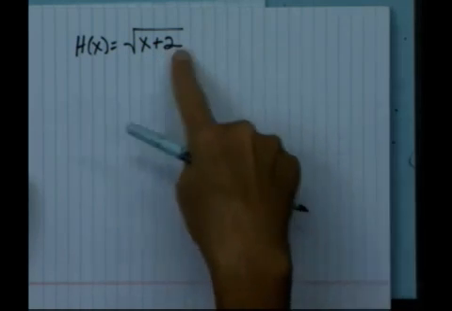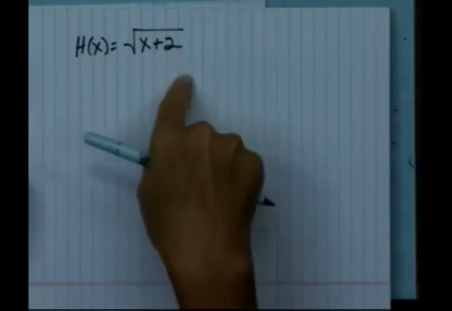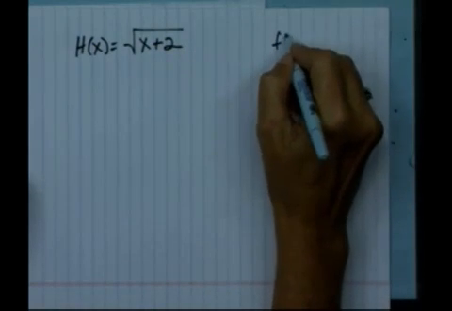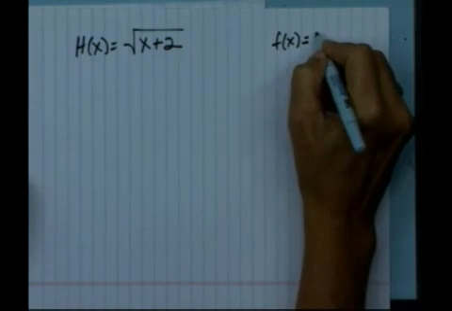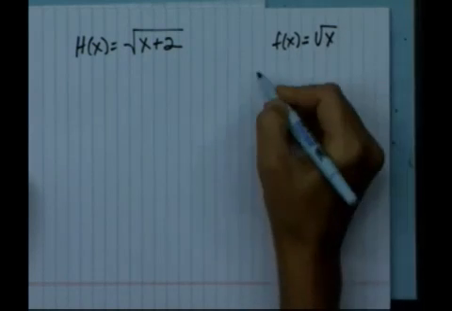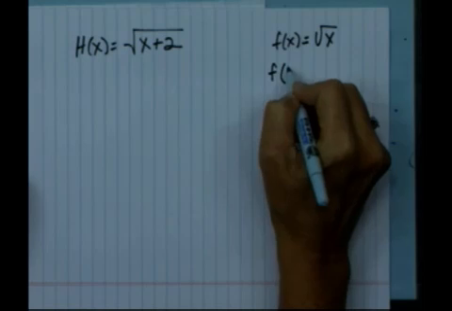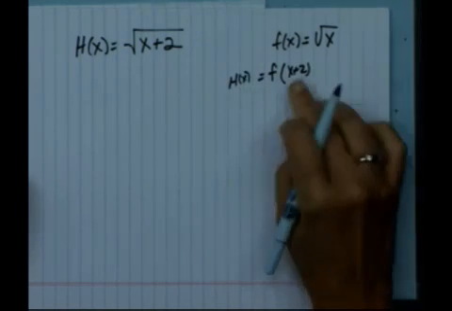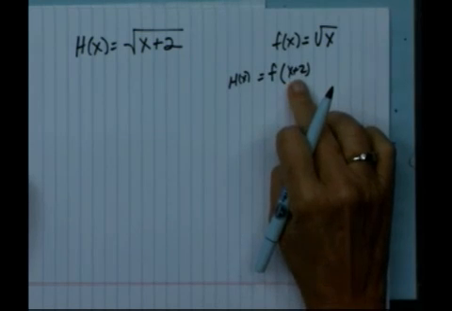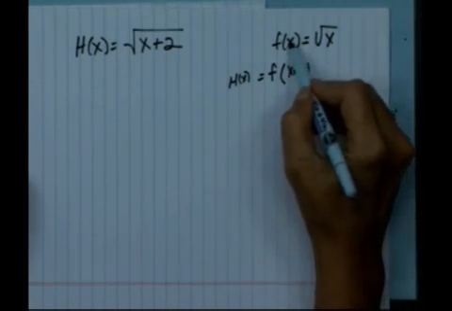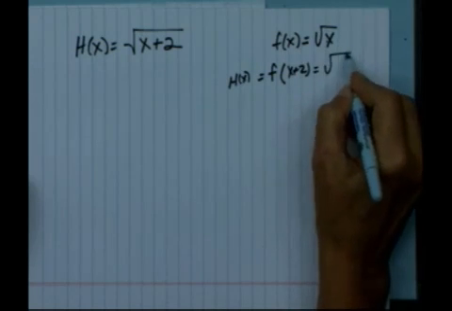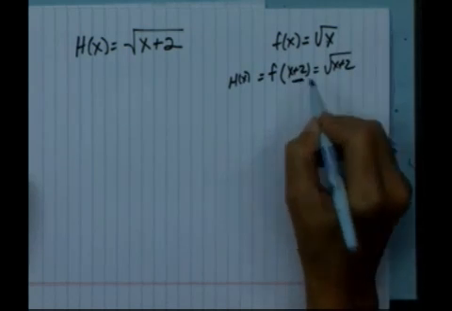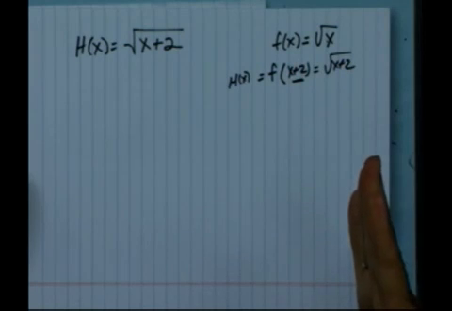It's not added on to this, it's part of the domain. You're right, it's like f of x equals square root of x. Now if I find f of x plus 2, that's my new h of x. Remember how you evaluated functions, f of x plus 2? It means where there's an x here, you put an x plus 2. Okay, so see how it's affecting your domain?